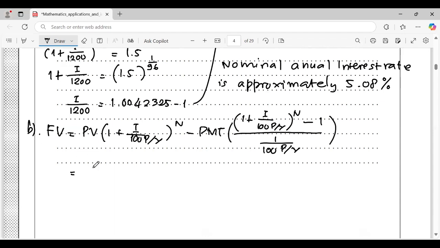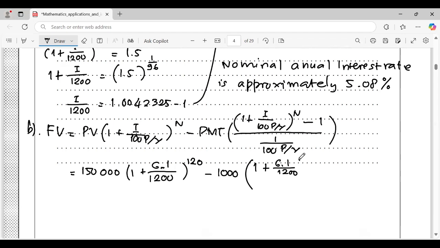Substitute the numbers. PV is 150,000 times (1 plus 6.1 over 1,200), because interest is 6.1, to the power 12 times 10, 120, minus 1,000, PMT is 1,000, times ((1 plus 6.1 over 1,200) to the power 120 minus 1) over (6.1 over 1,200).